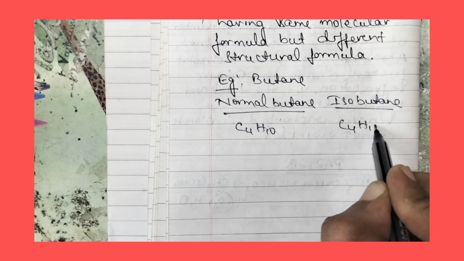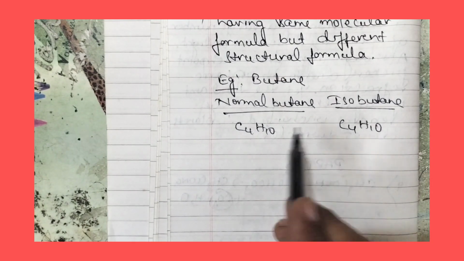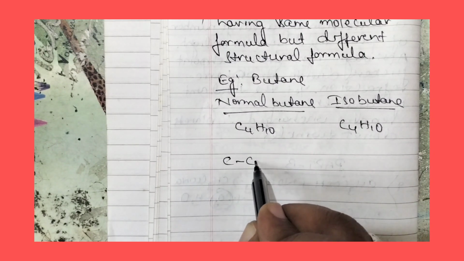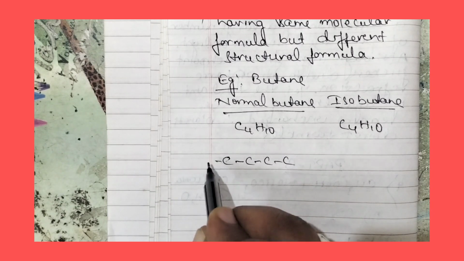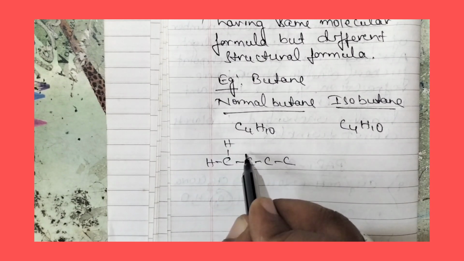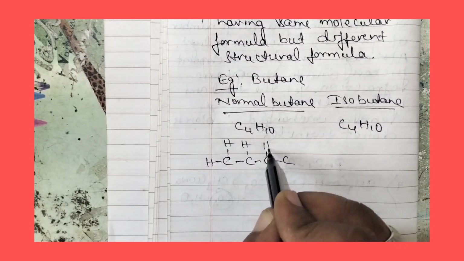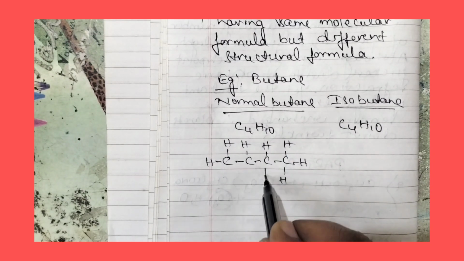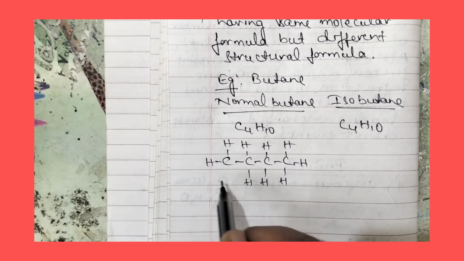Isobutane also has the same molecular formula. Both have the same molecular formula, but when we write the structure, they differ.